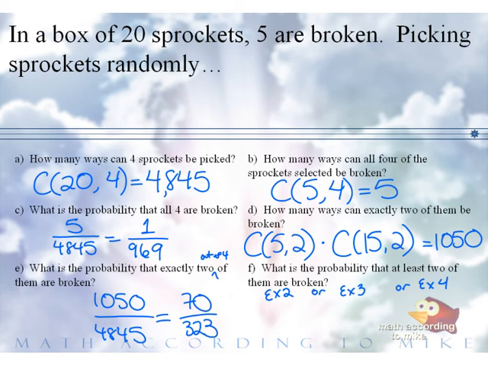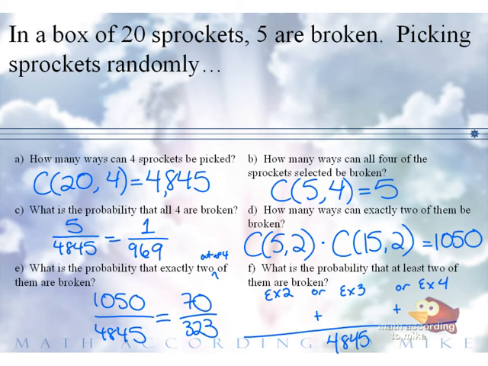So part E is built into part F. And what does the OR say to do? Add. So these are going to be plus signs here, and this is going to be all over 4845. We're going to do this together. Now you can make this into 3 fractions, I'm just going to do it as 1 because they're all going to have the same denominator.